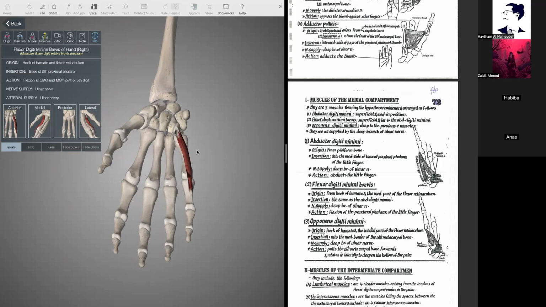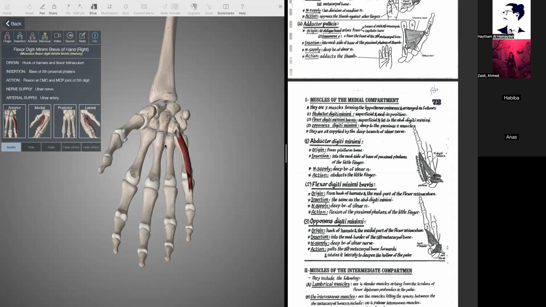Insertion, proximal phalanx. What does it do?